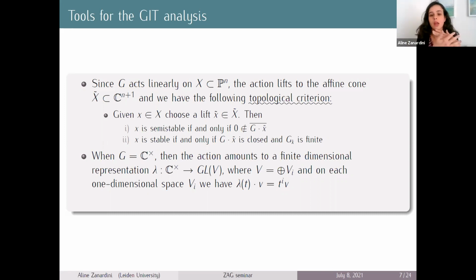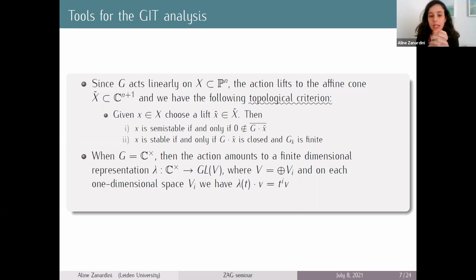Now let's think about what this means if G is just a multiplicative group. Then the action of G on X is just some finite dimensional representation where the vector space V splits as a sum of one-dimensional vector spaces Vi, and it turns out that the analysis of stability amounts to looking at the sign of the weights that appear here.